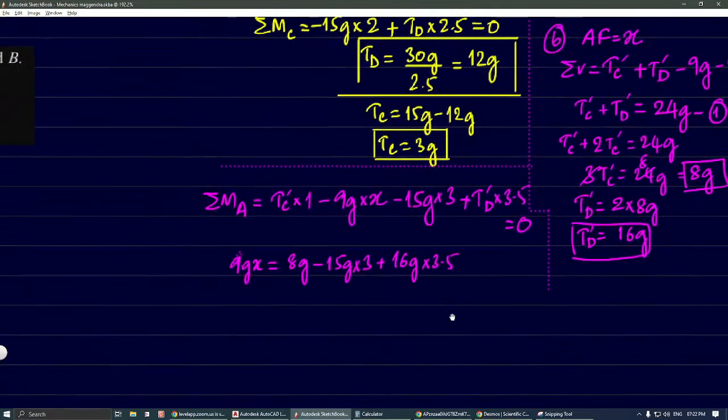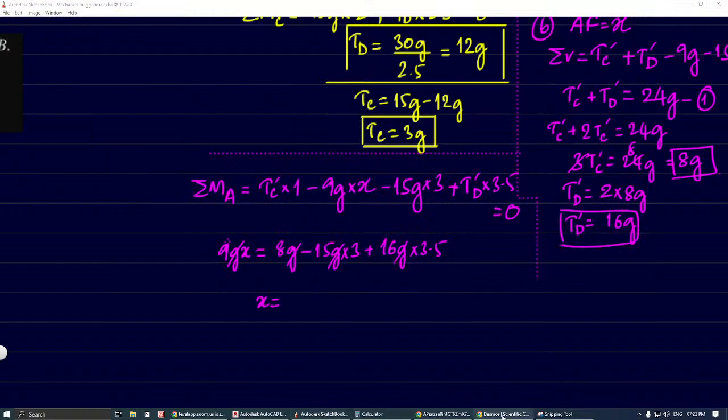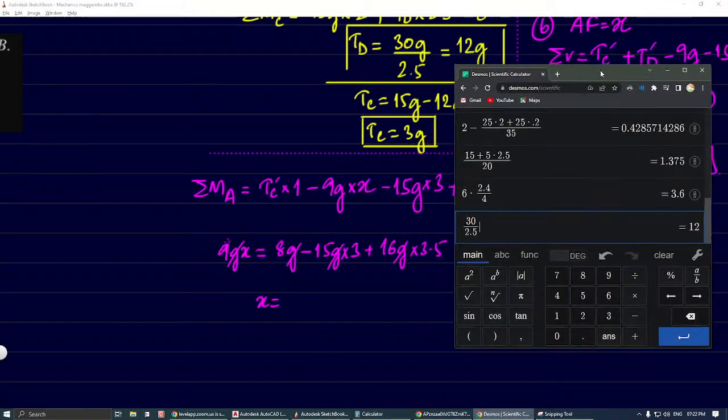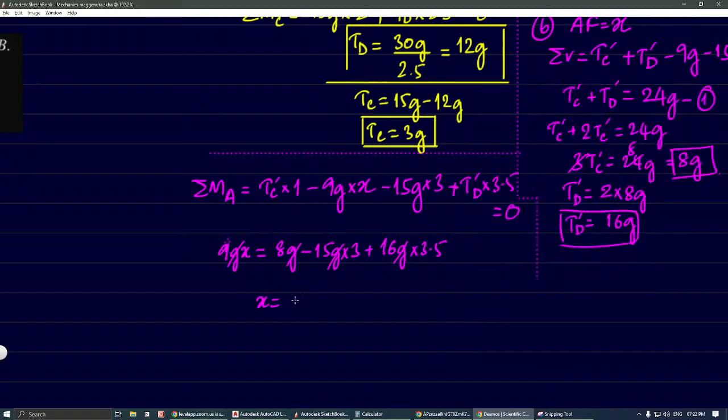So g will cancel from all the places. So x will be equal to this total divided by 9. So take your calculator and find it. 8 minus 15 times 3 plus 16 times 3.5, divided by 9, so 2.11.